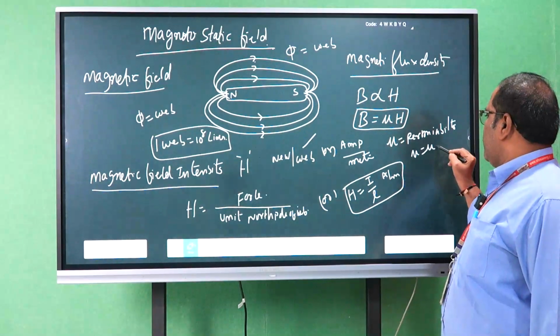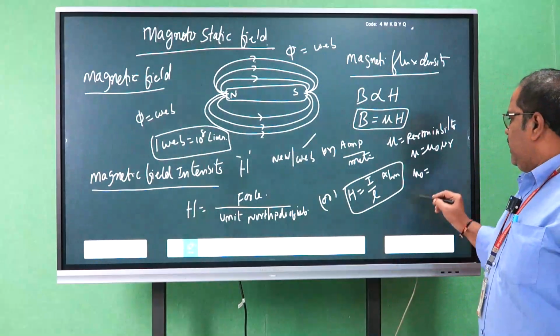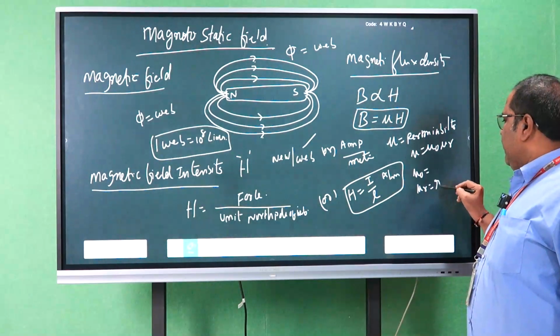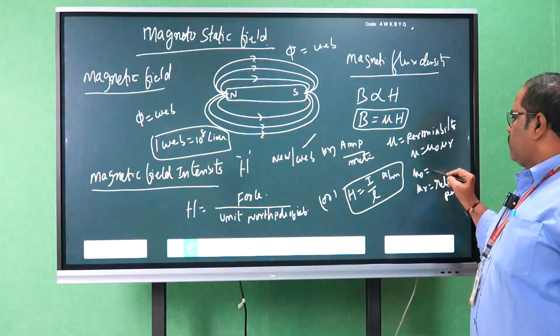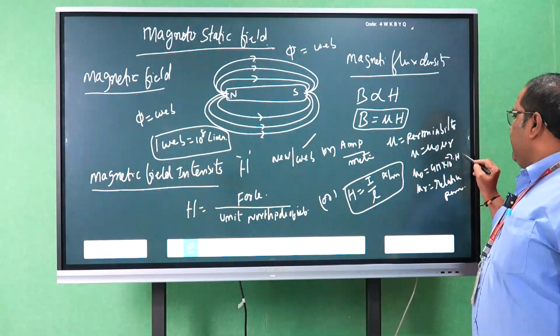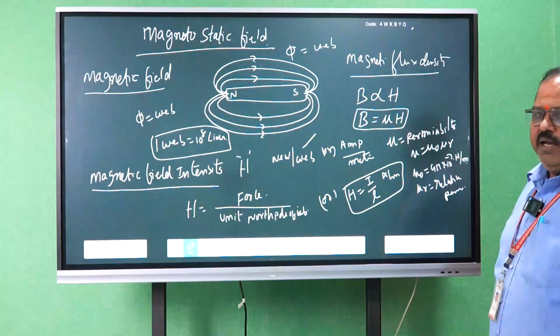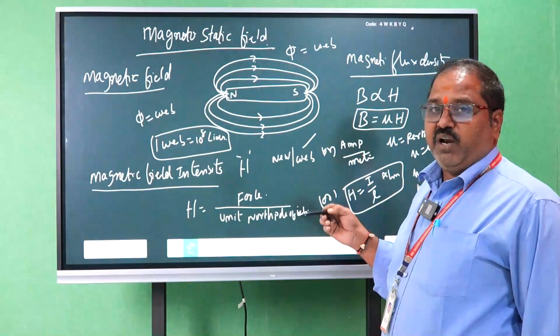Mu is equal to mu naught mu r, where mu naught is the absolute permeability and mu r is the relative permeability. Mu naught is equal to 4 pi into 10 to the power of minus 7 Henry per meter.